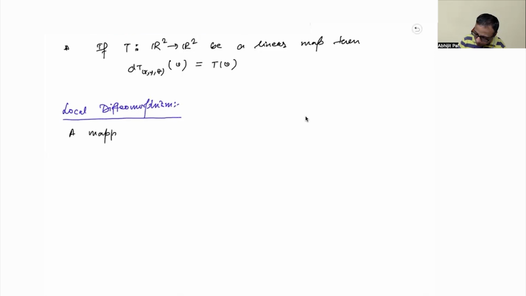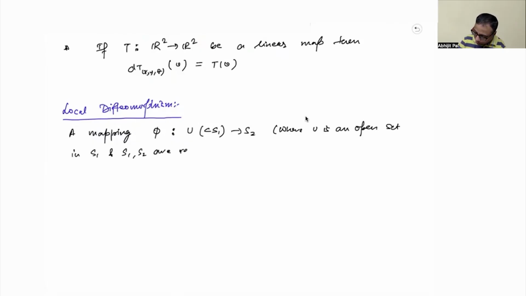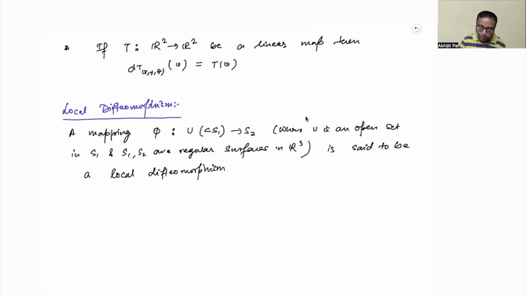So a mapping phi from this open set U of S1 to S2, where this U is an open set in S1 and this S1, S2 are regular surfaces in R3, is said to be a local diffeomorphism at P belonging to U.